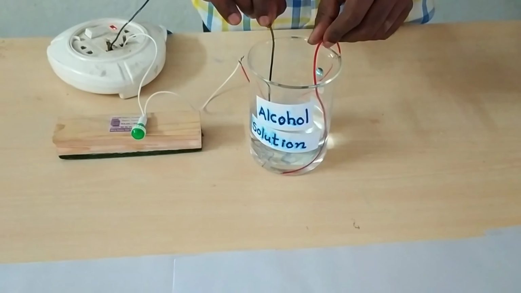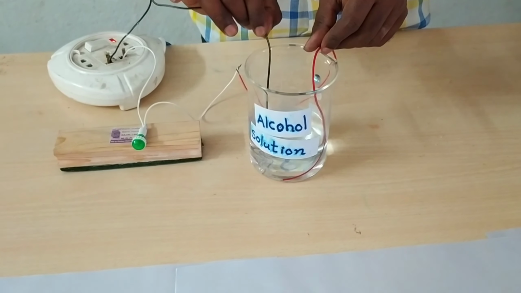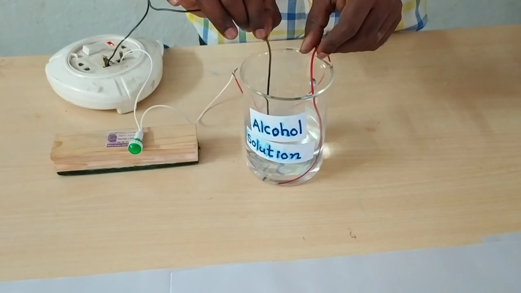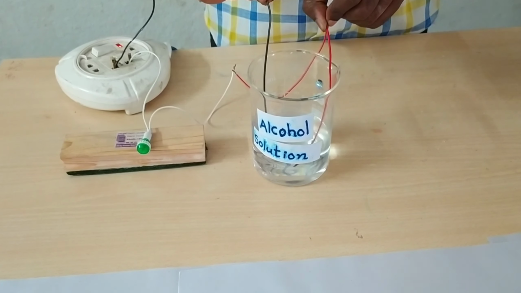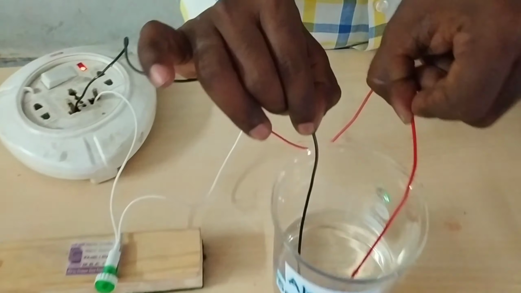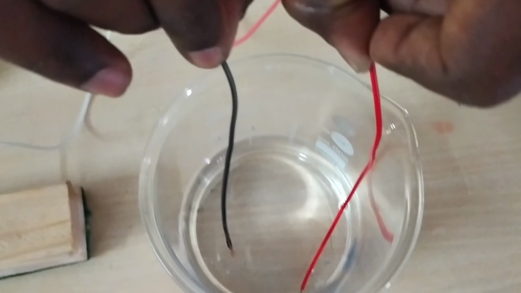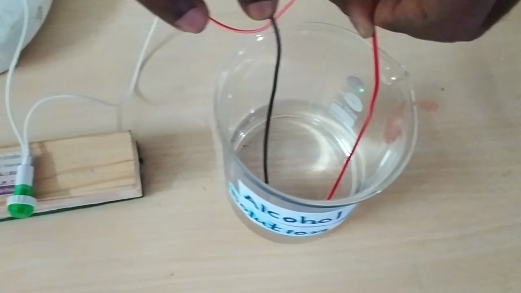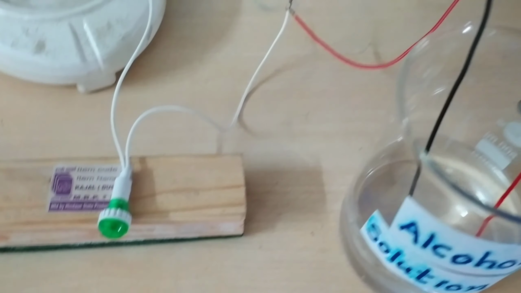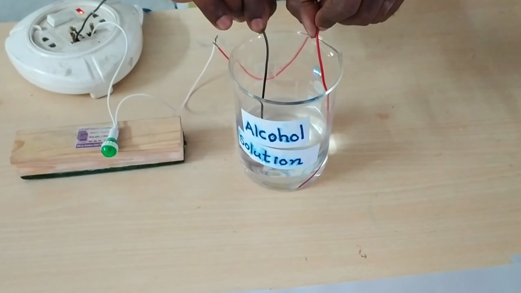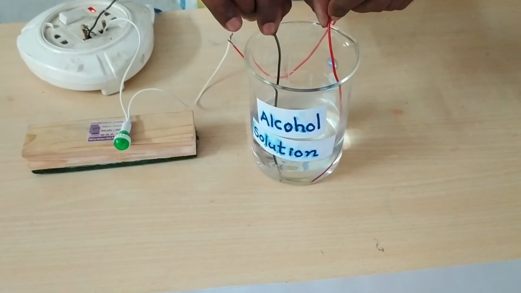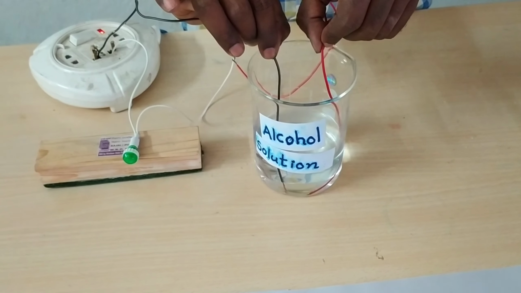So here the H plus ions are not liberated in water, so the electric current is not transferred from the black wire to the red wire. In this situation the bulb does not glow. From this we can conclude that alcohol is not an example of an acid, even though it contains hydrogen.